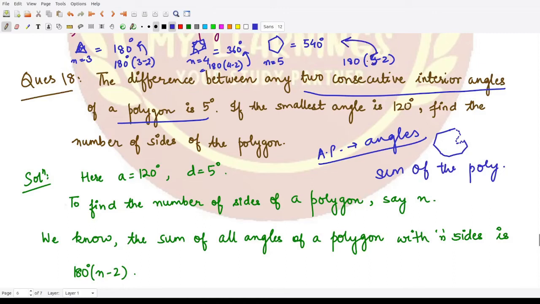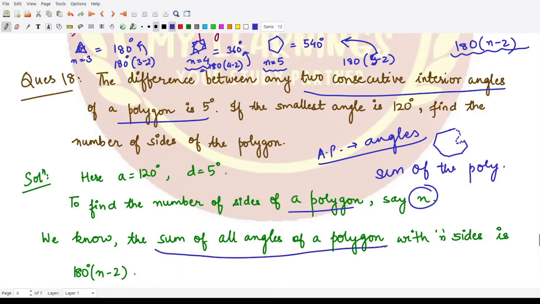So we can generalize this result for n sides: the general formula is 180 into n minus 2, representing the sum of all the angles within that polygon. To find the number of sides, we need to find n, and we know the sum of all the angles is given by this formula, 180 into n minus 2.